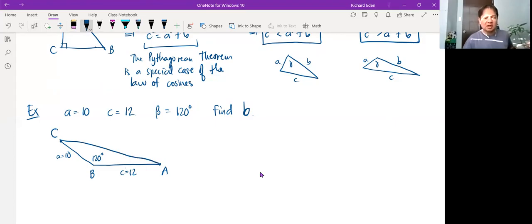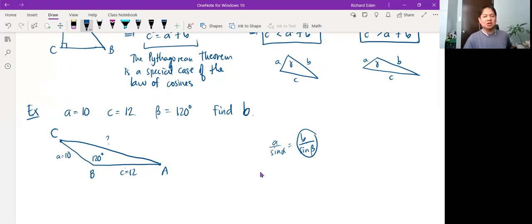Okay. We can't use the law of sines because even though we're given 120 degrees, we don't know the opposite side. If you look at A over sine alpha equals B over sine beta, if you want to be able to solve the triangle, you need to know the value of one of the two ratios.